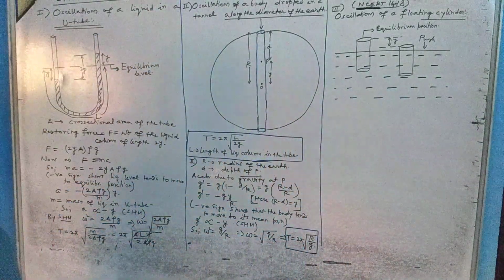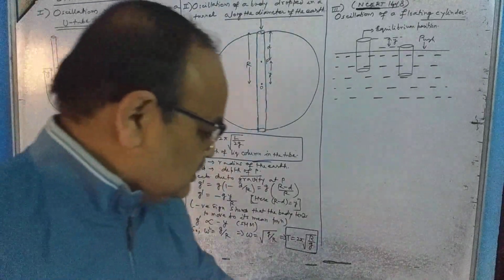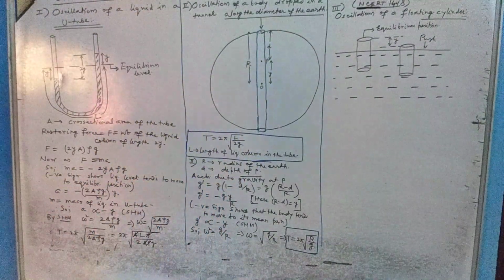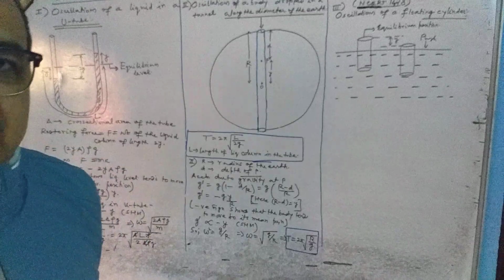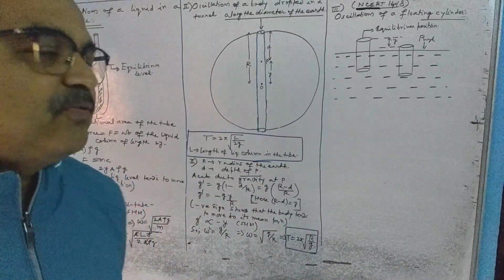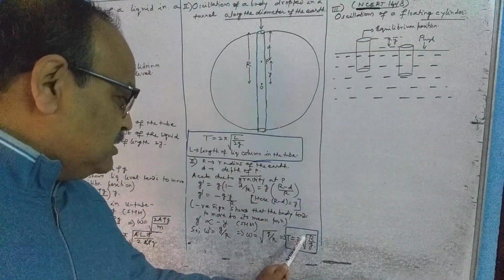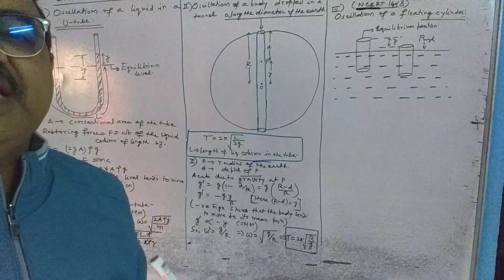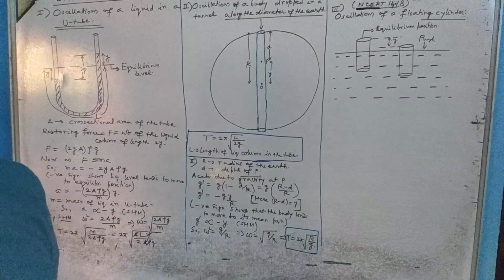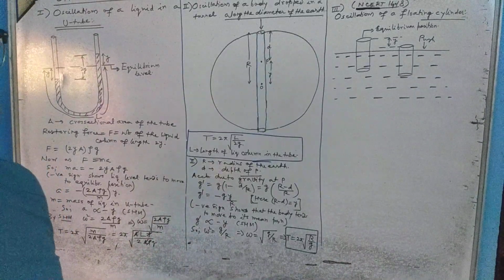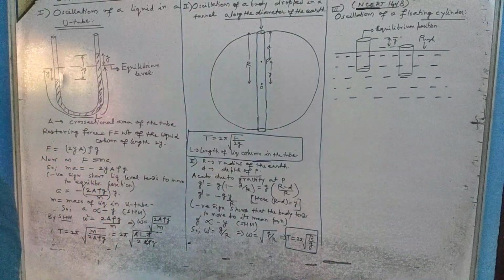We have proved that the body will be executing SHM, and the time period of SHM will be 2π root of R by g. That is the expression. Keep this in mind for such a situation. I hope you got this point also very clearly.